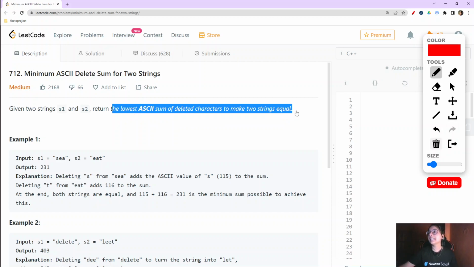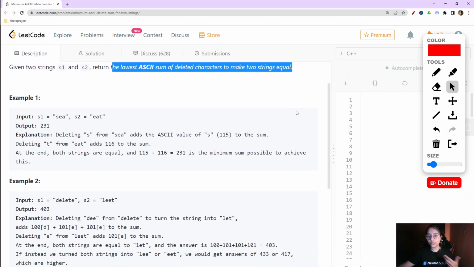So let us now check the examples which are given to us. Then I will show you how we can think about the same. Here we are given "sea" and "eat", and you can see that the sum is 231. As per the explanation, we are deleting S from "sea" at an ASCII value of 115 to the sum, and deleting T from "eat" at 116 to the sum.